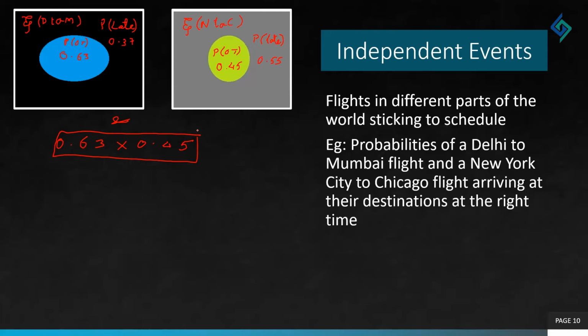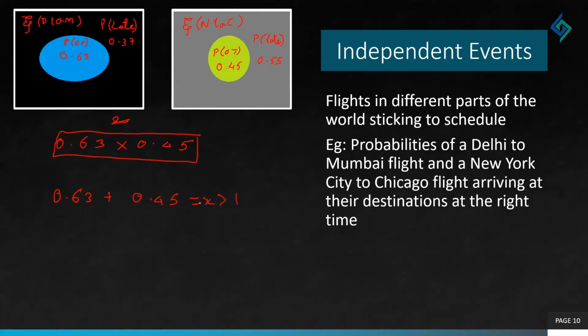What is the probability that the Delhi to Mumbai flight or the New York City to Chicago flight arrives on time? So if I apply the OR rule there, then my answer should be 0.63 plus 0.45. But if I add this, you will clearly see that whatever answer you will get here, which will be around 1.08, that will be greater than 1.